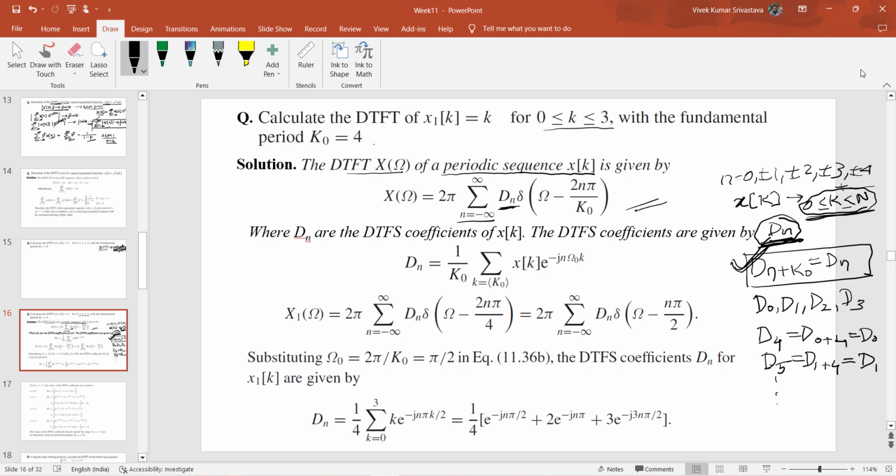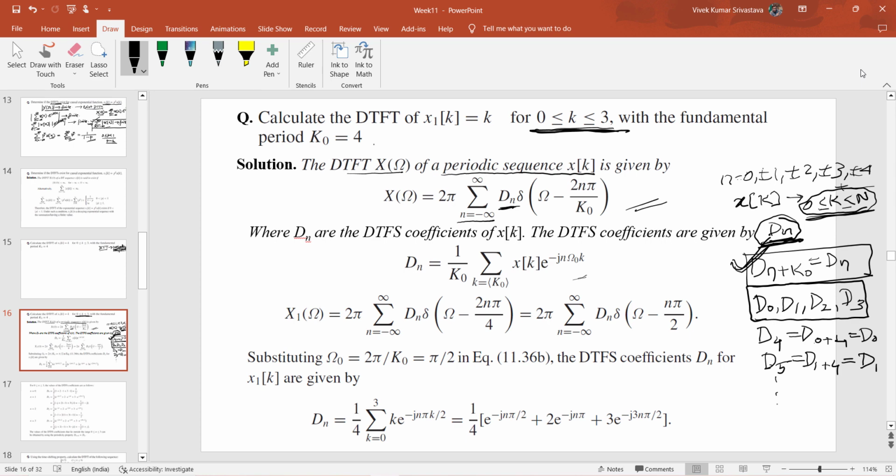Now the question comes of how to evaluate the value of the discrete time Fourier series coefficient within this interval which is specified to us. For that we will use this expression, that is dn is equal to 1 over k naught summation k varies within the interval of k naught, x of k e raised to the power minus j n omega naught k.